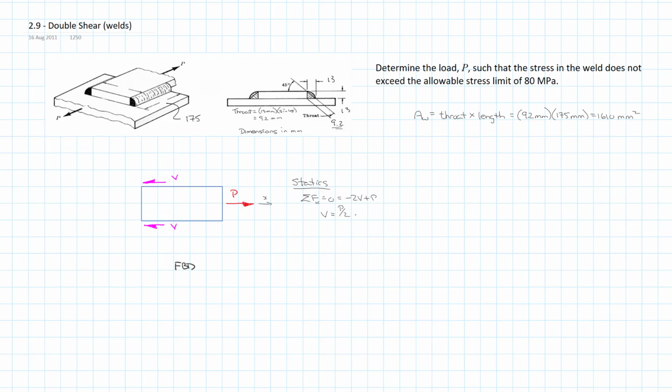So we know that the shear force in any one of the two welds is equal to P over 2.